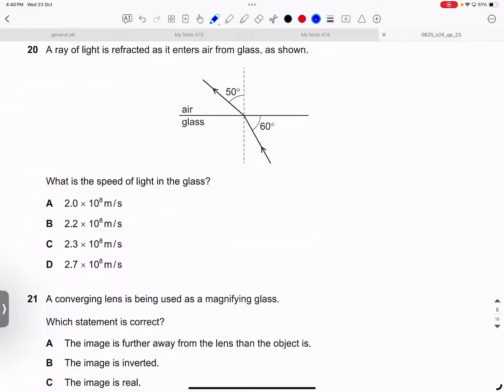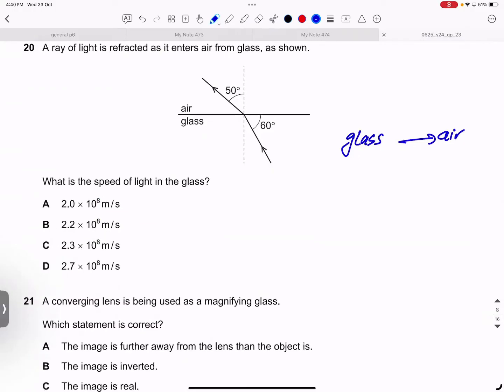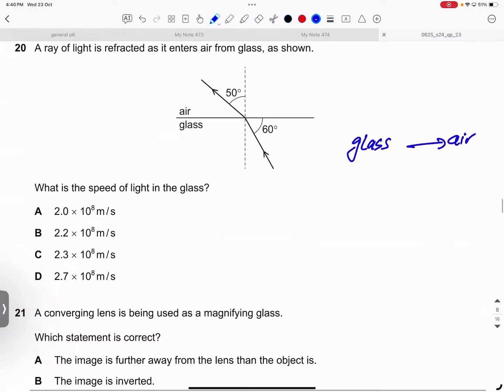Question number 20. The ray of light is refracted as it enters air from glass. It is going from glass to air. Angle of incidence and refraction must both be measured from the normal. The incidence angle from the normal will be 90 minus 60, so i is 30 degrees. Angle of refraction is already with the normal.